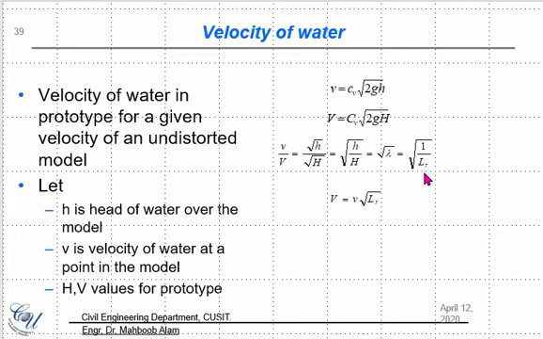So 1 divided by LR is this thing, and when we rearrange, we find that the velocity in the prototype is equal to the velocity in the model times the square root of the length ratio, and the length ratio is the length of the prototype divided by the length of the model.